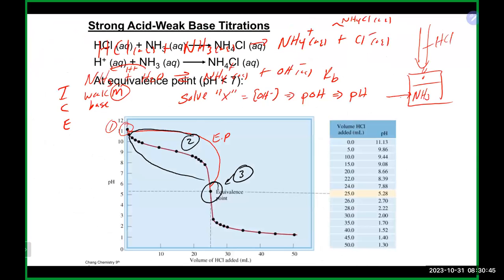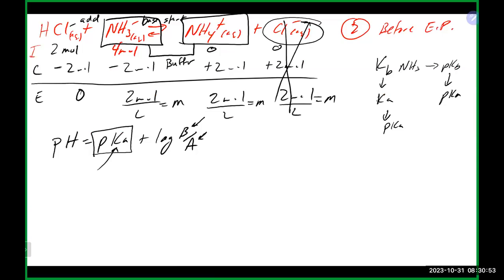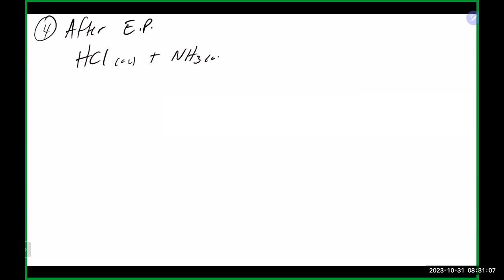All right, then the fourth spot is after the equivalence point. So we're going to continue to titrate here after the equivalence point. And again, obviously, we will have our reaction. And like normal here, we want to do it in moles.